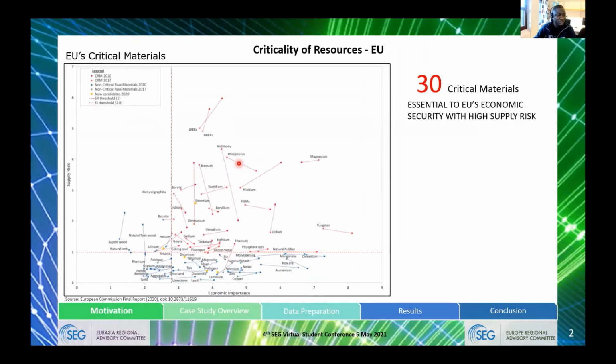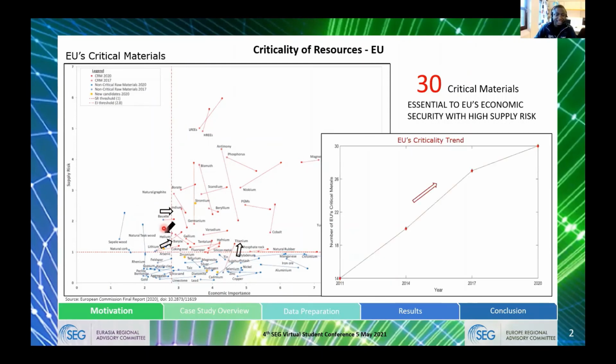For instance, between 2017 and 2020, bauxite, lithium, which is one of the core ingredients for e-mobility, and titanium moved into the critical region, while only helium moved out. So invariably, you can see that there's an increase in the number of critical metals from 2011, when the first publication was done, to 2020.